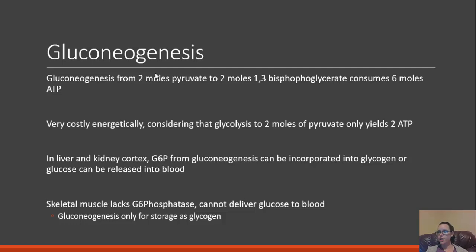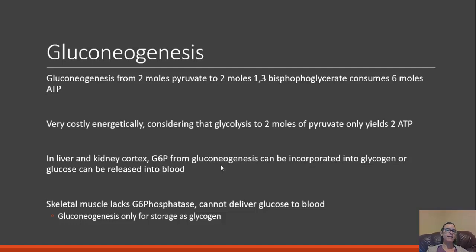Okay, so we already talked about that. In the liver and in the kidney cortex, G6P that is produced from gluconeogenesis can be incorporated into glycogen, or the glucose can be released in the blood, okay?